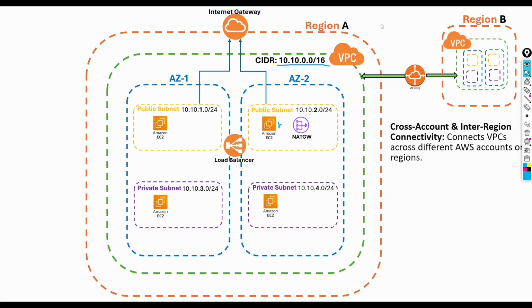In this example, there is a VPC peering between two VPCs, but both VPCs belong to different regions. So cross-account and inter-region connectivity is possible with VPC peering. It connects VPCs across different AWS accounts or regions.